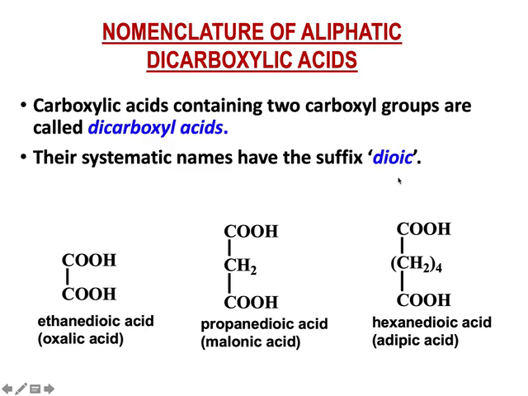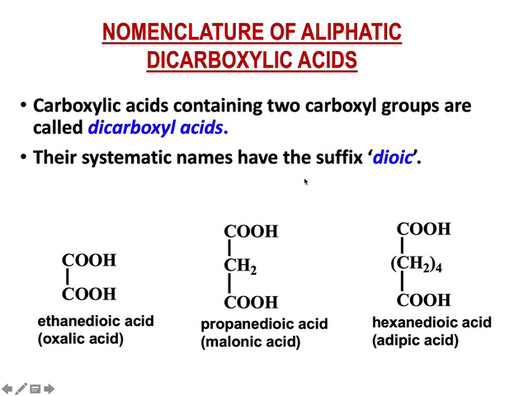Next is the nomenclature or rules for aliphatic dicarboxylic acids. Dicarboxylic acid means that the carboxylic acid contains two carboxyl groups. The systematic name must follow the suffix.